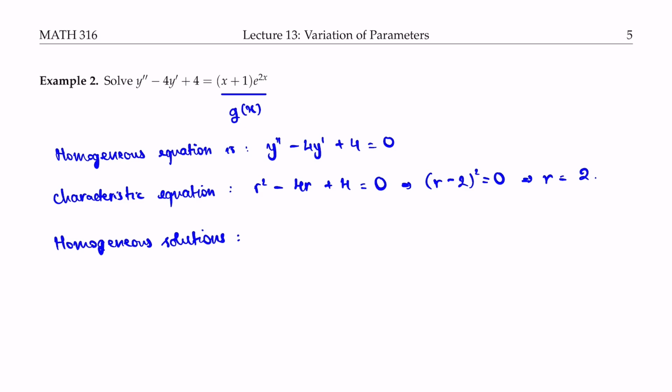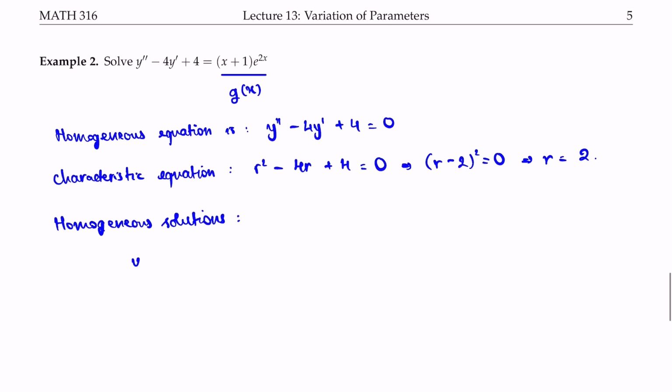Now you have a repeated root. Then the homogeneous solutions are y1 equal to e to the 2x, and y2 equal to x times e to the 2x. If you wonder where these two solutions come from, I recommend you go back to lecture 10, where we talk about the method of characteristic equations for the repeated root and reduction of order.